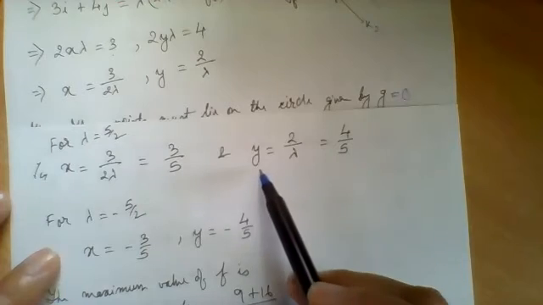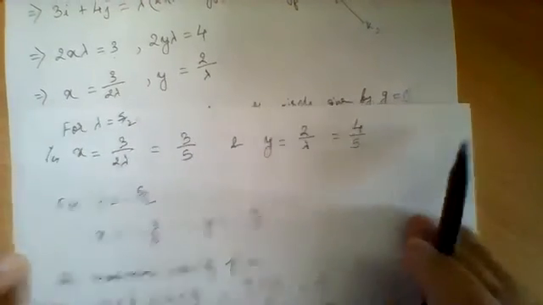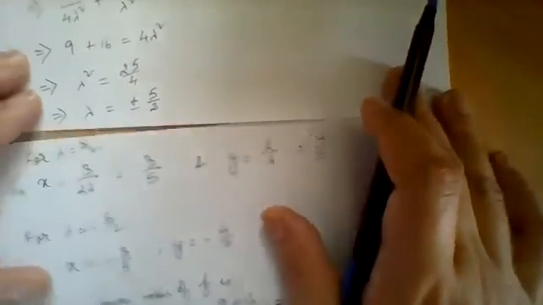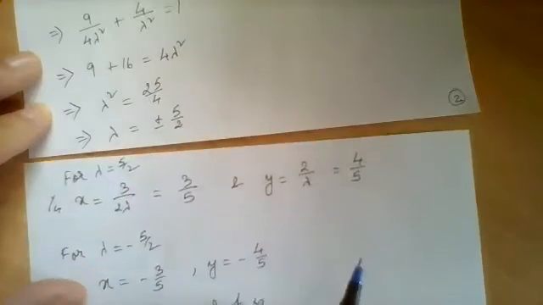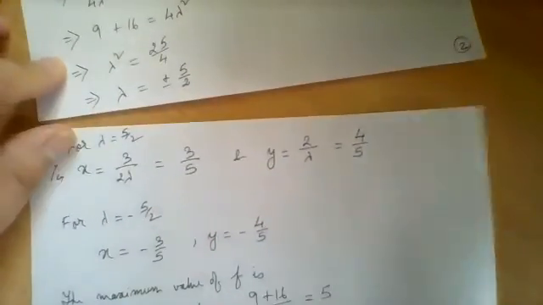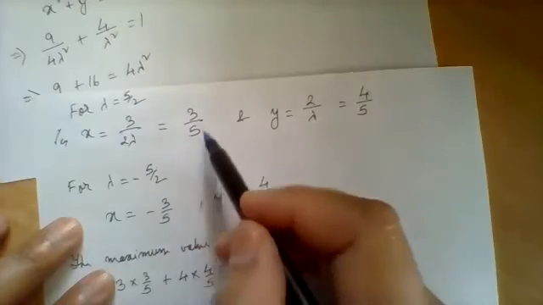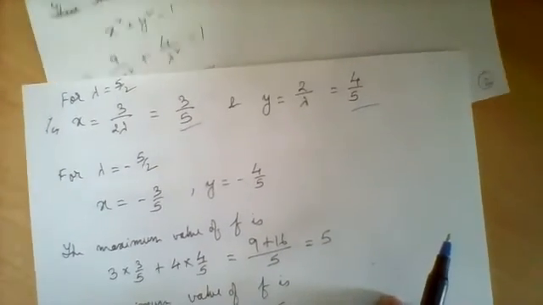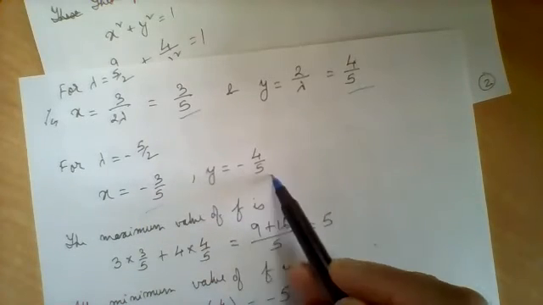And when lambda equal to 5 by 2, you get y equal to 4 by 5. There were two possible values of lambda, plus 5 by 2 and minus 5 by 2. So when lambda equal to plus 5 by 2, the values of x and y are 3 by 5, 4 by 5. When lambda equal to minus 5 by 2, the values of x and y are minus 3 by 5, minus 4 by 5.